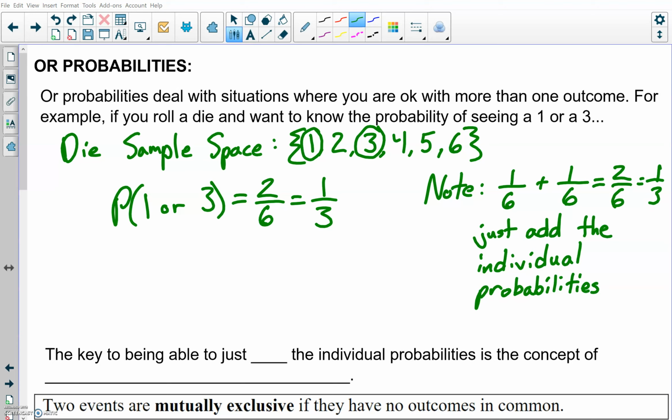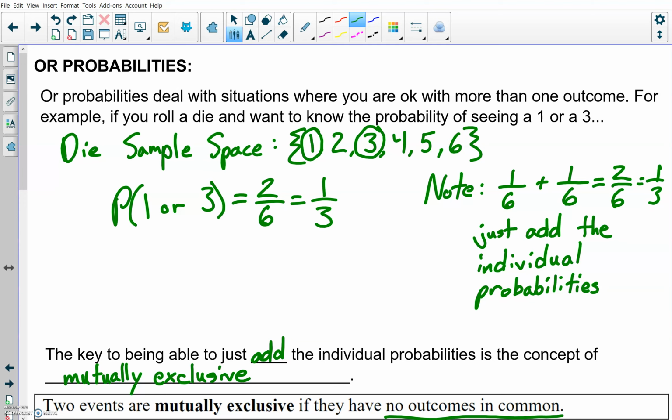So the key to being able to just add the individual probabilities is the concept of mutually exclusive. Two events are mutually exclusive if they have no outcomes in common. And when I look up here and I see the 1 or the 3, well, when I circled the 1, that was the only outcome that was a 1.